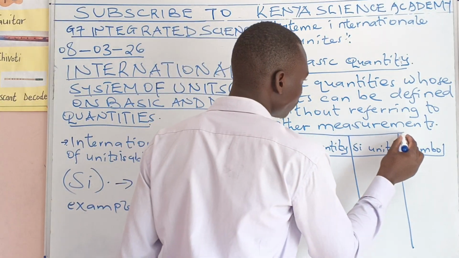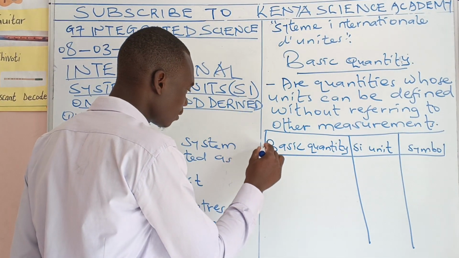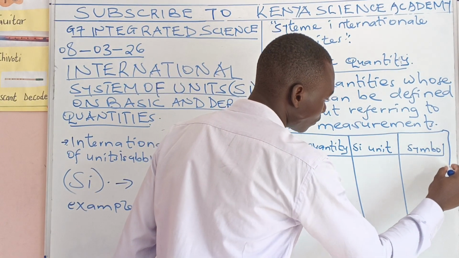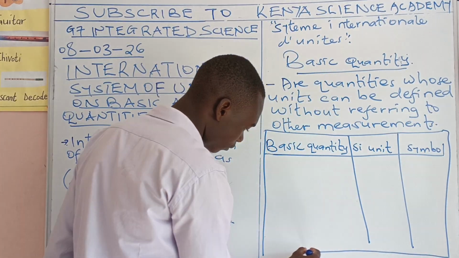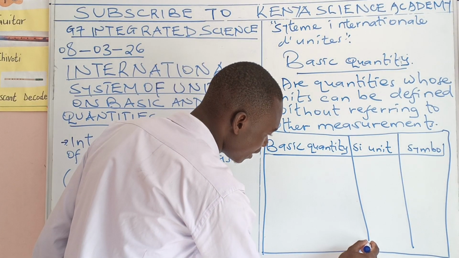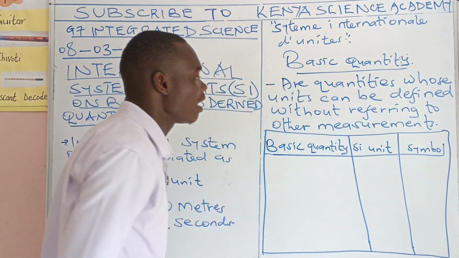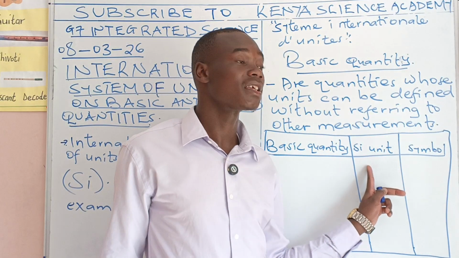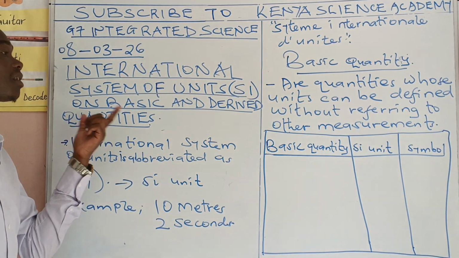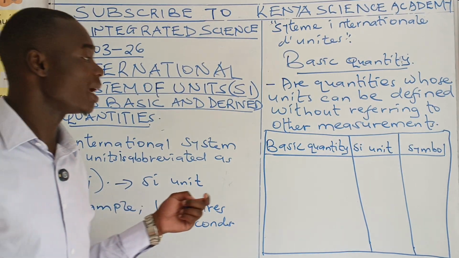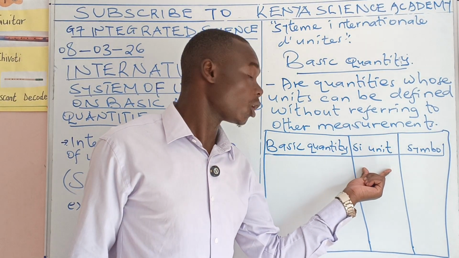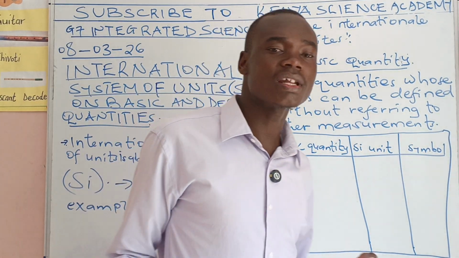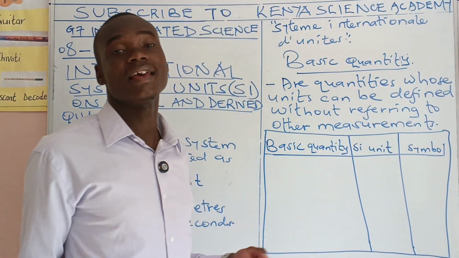So we have a table of basic quantities, the SI unit, and remember, SI stands for International System of Units. That is our main topic today, the SI unit. So what are the basic quantities, what are their units, and what are their symbols?